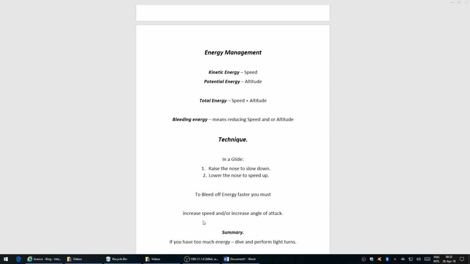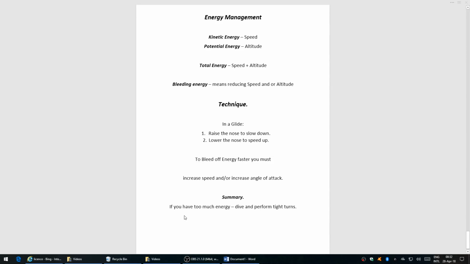What you need to do is lower the nose and increase speed, and because an increase in speed by a factor of 2 will give you a drag increase by a factor of 4, it is a very effective way to bleed your energy. So in summary, if you have too much energy, the way to remove that is to dive and perform tight turns. And in the actual flight demonstration, you will see me doing that several times.